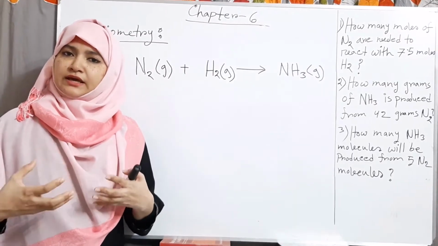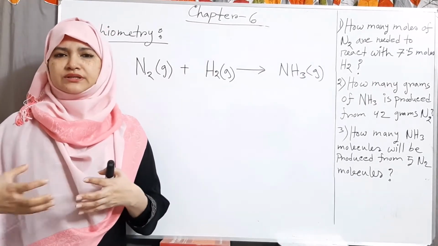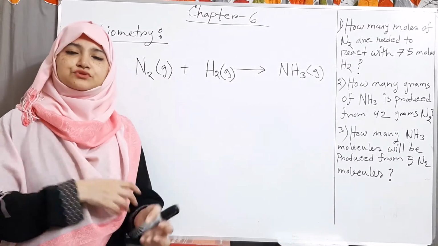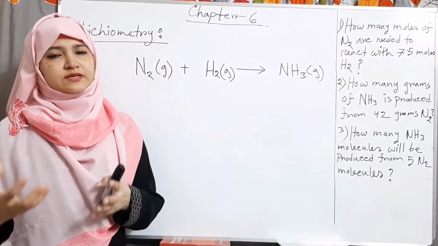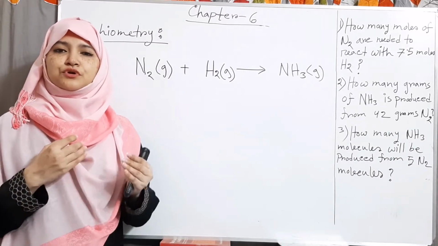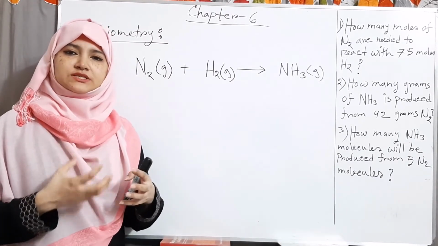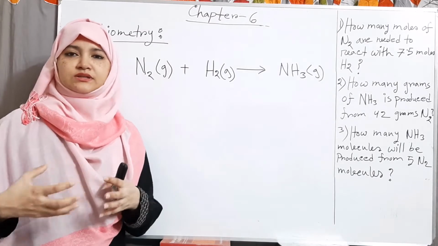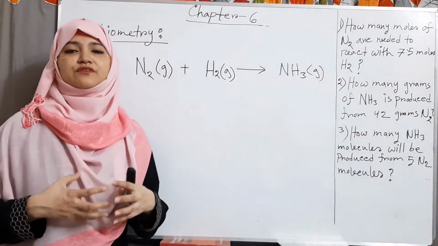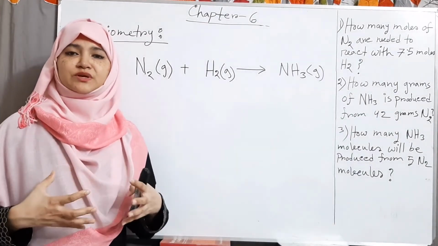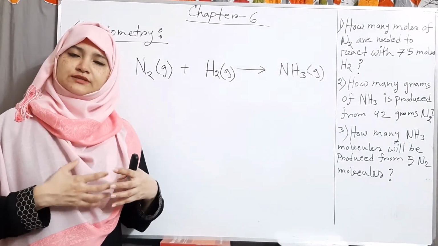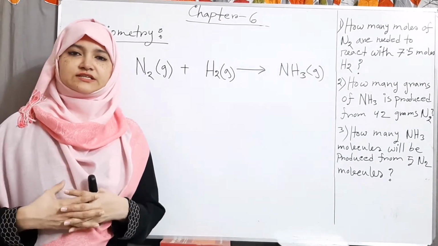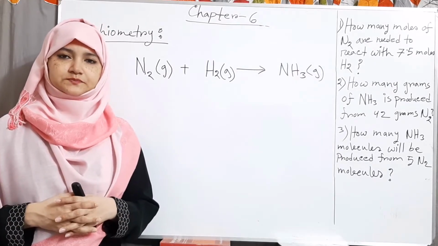Practically in a lab, in industry or in our life, we have to work with a measurable amount of substances, and we have to take chemicals by measuring using a real scale. That's why we need to apply the stoichiometry concept to calculate the specific mass of reactants and products.